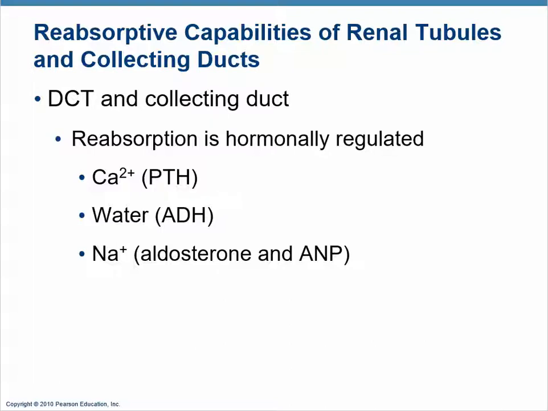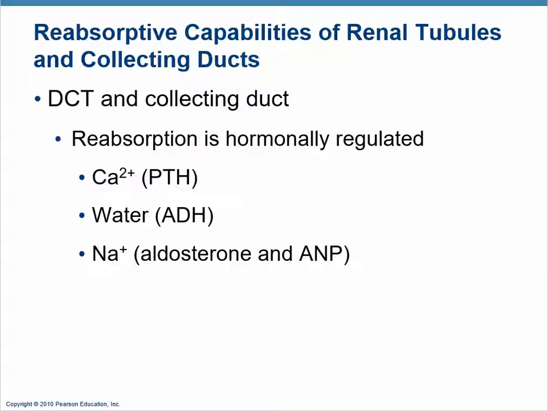If there's not enough sodium, the sodium-potassium pumps in the distal convoluted tubule and collecting ducts open, and more sodium is pumped back into the body. If there's too much potassium in the body, then the same sodium-potassium pumps turn on, and potassium is secreted out of the body and into the filtrate, which is soon to be urine, and gotten rid of that way. So aldosterone increases sodium, decreases potassium.